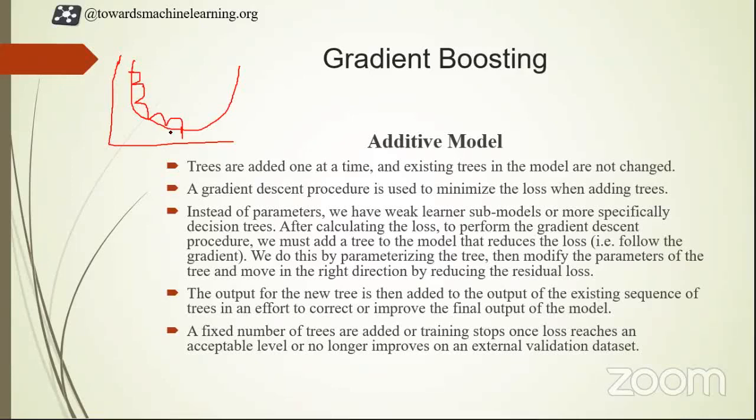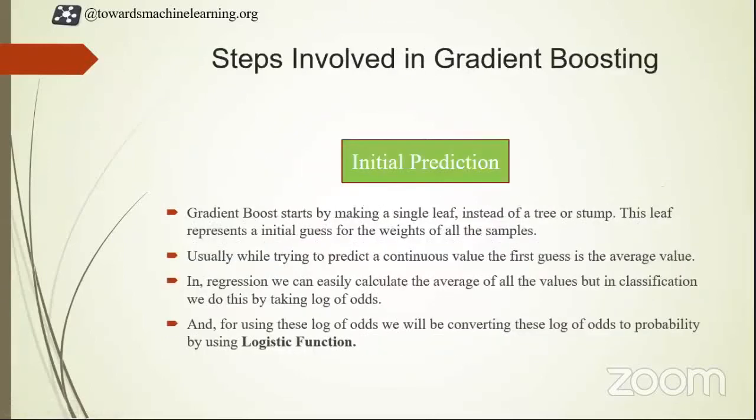Once the loss reaches an acceptable level, or we see that no further improvement is taking place, training stops there. The similar approach we are going to follow in gradient tree boosting also. It will be more clear to you when we discuss its working. So now let's start the working.